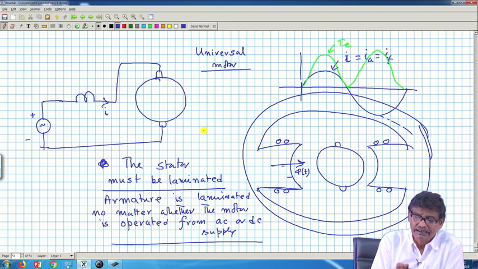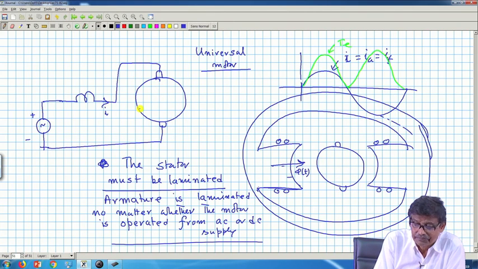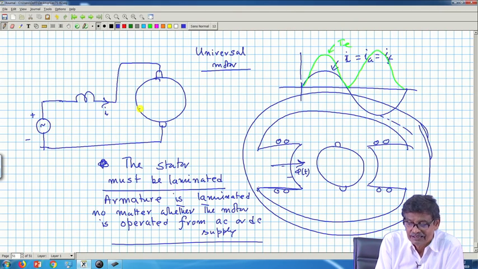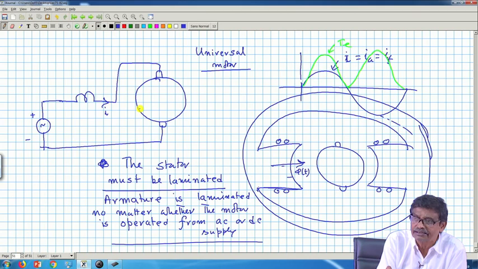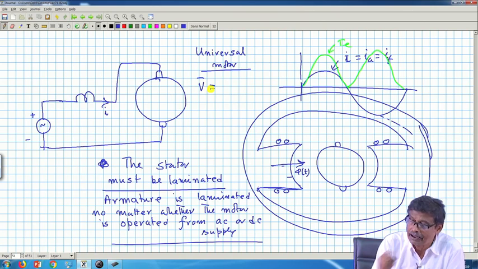Of course, you see the relationship of the supply voltage and this back EMF: not only the resistance drop, but now also there will be a reactance drop taking place here, and the armature will have its own small inductance and its reactance drop. So, the supply voltage phasor will be something like this.